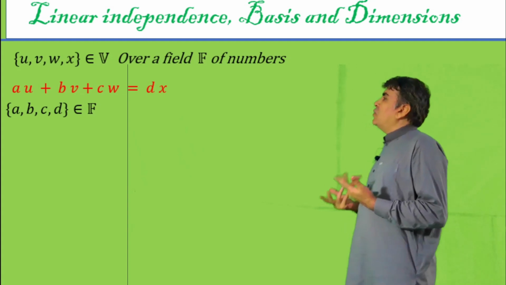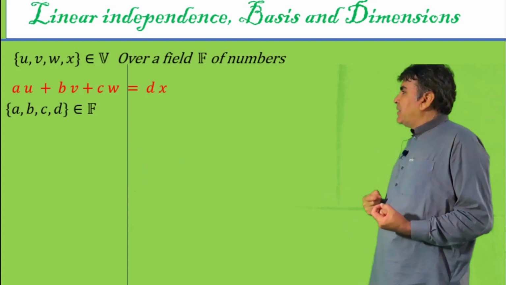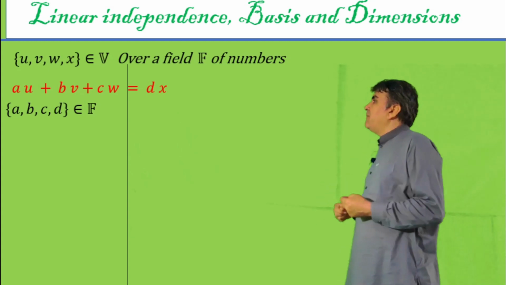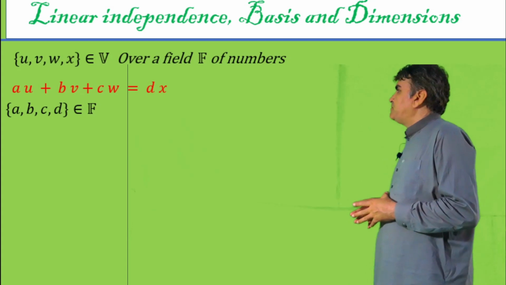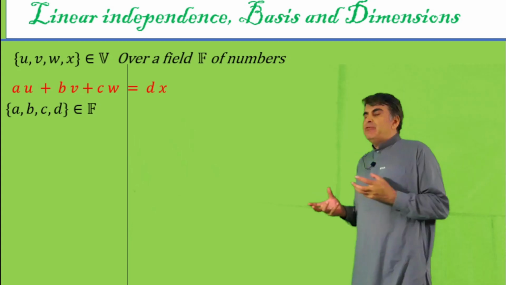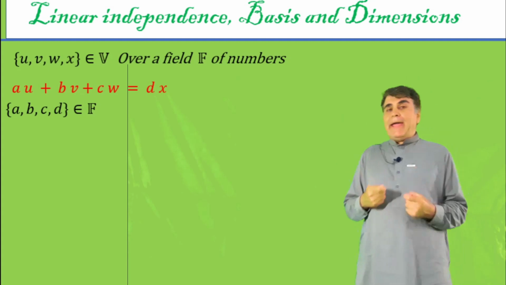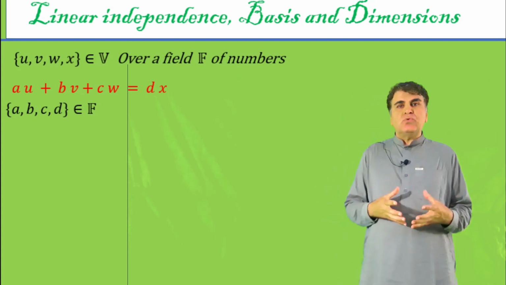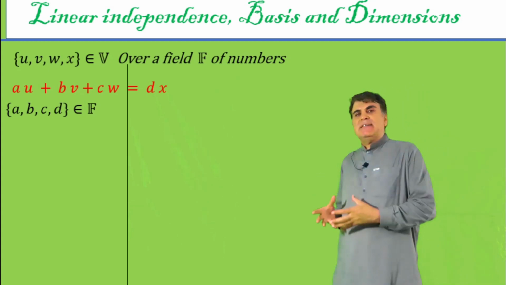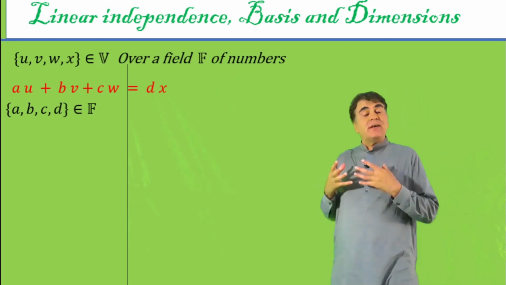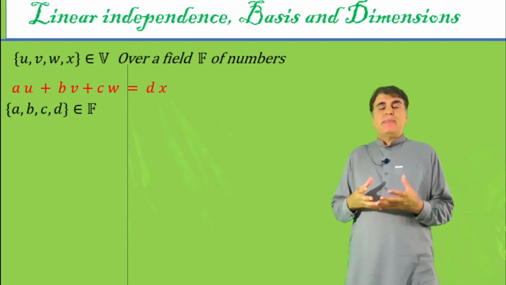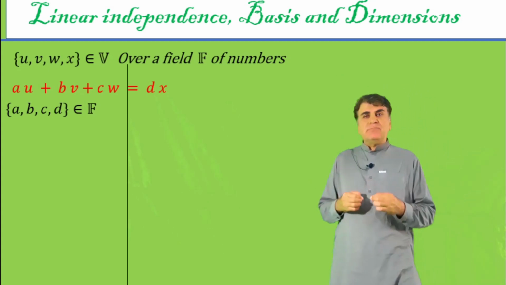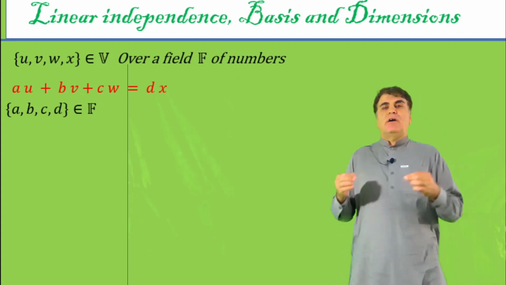These numbers could be either the set of real numbers, the set of rational numbers, or the set of complex numbers. This relation says that the four elements u, v, w, x of the vector space V depend on each other through the numbers a, b, c, d belonging to the field F. That is, we can express any one of them in terms of the rest three elements of the space.